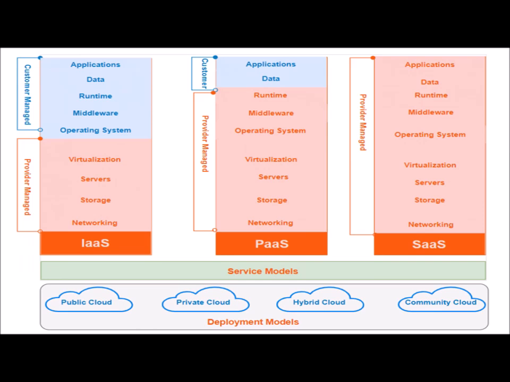So from networking to runtime, the provider is going to control and manage, and only the application and data the customer is going to manage. So the entire platform is given, only the customer can use their application with their data. And software as a service is like ready-made software, which is entire software given to the user, which is controlled by the service provider. Means all the layers from networking to application are controlled by the service provider.